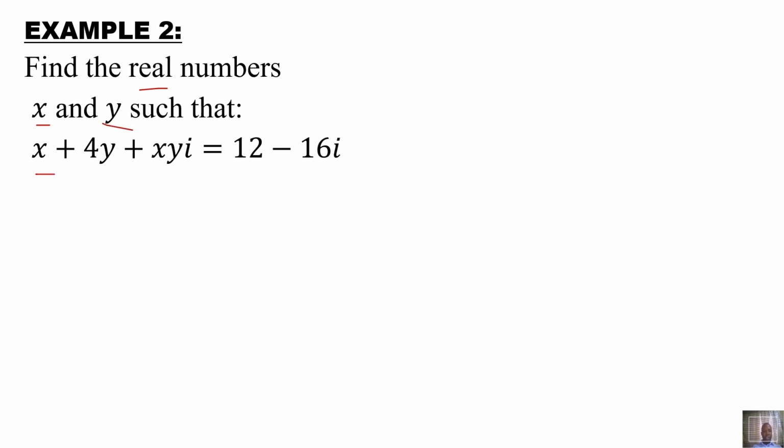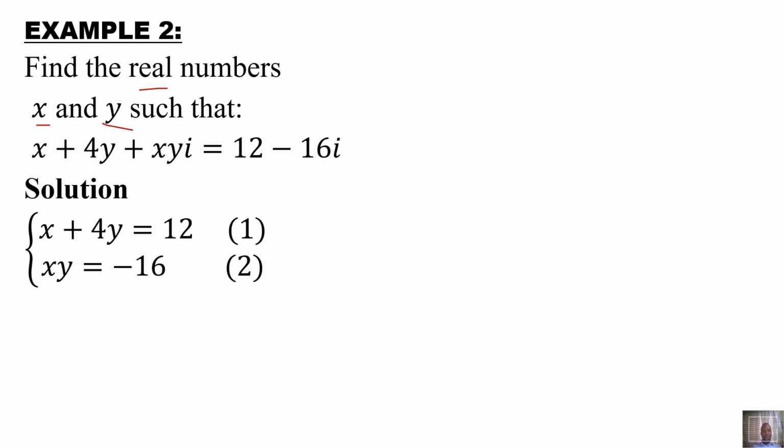Find the real numbers x and y such that x plus 4y plus xyi equals 12 minus 16i. Here we need to use the equality of these two complex numbers. Real parts must be equal and imaginary parts must be equal.